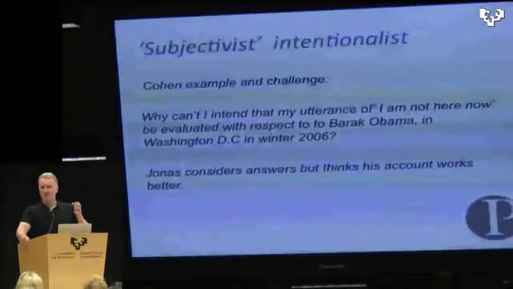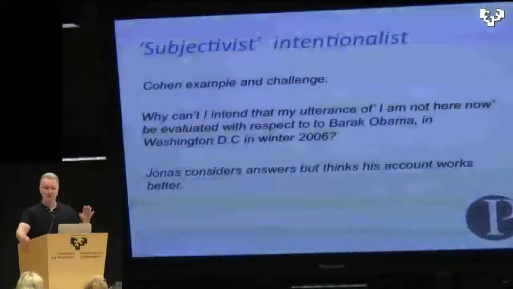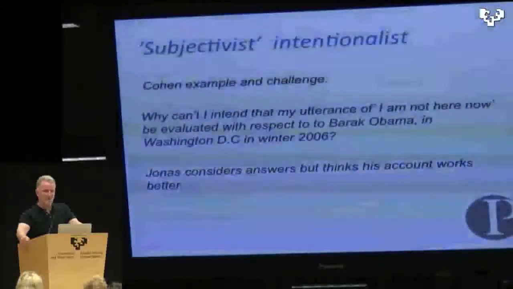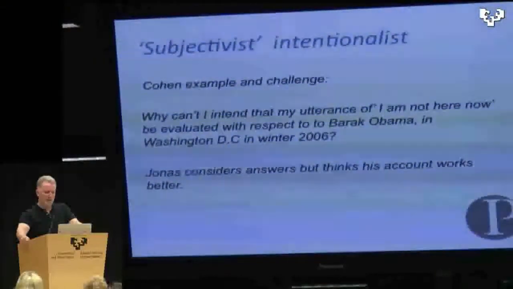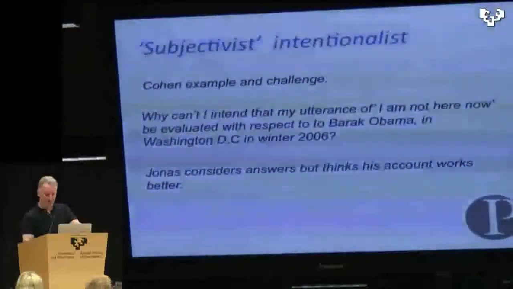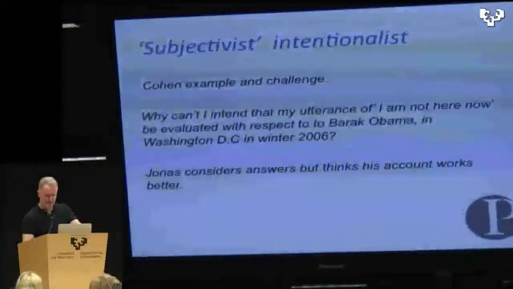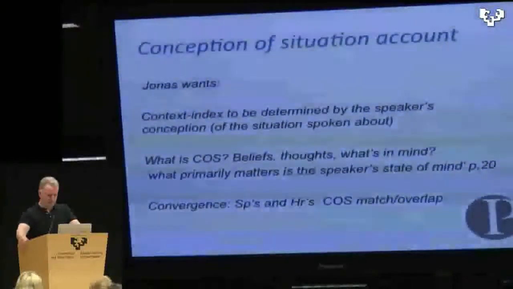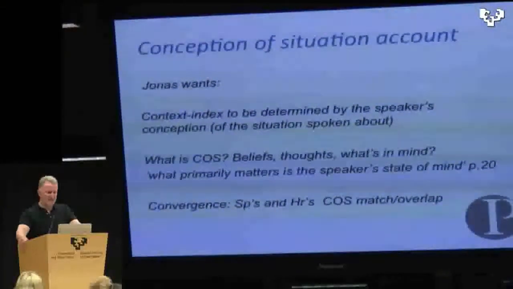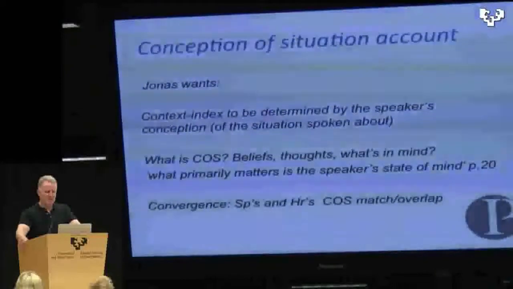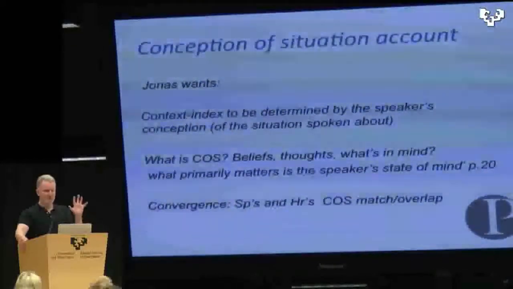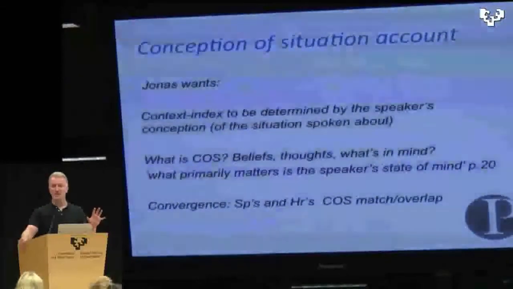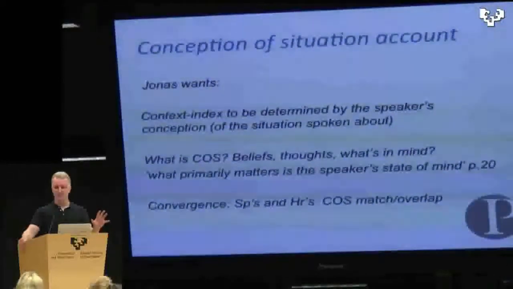What's to stop me if it's just my intentions that do the selecting of the content index? And Jonas thinks that's a problem, but that his account works better. I won't go through the reasons. We heard some of those earlier. Now, he thinks instead the context index is to be determined not by the speaker's intentions, but by the speaker's conception of the situation, presumably the conception of the situation the speaker's talking about.